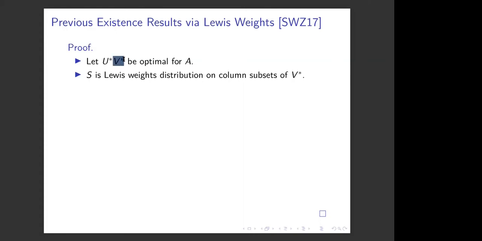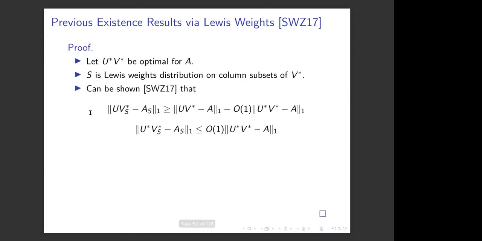Here V star is the right factor, so you sample column subsets of V star. V star S is a random subset of V star, and A sub S is the corresponding random subset of A. You sample those same indices in V star and A.